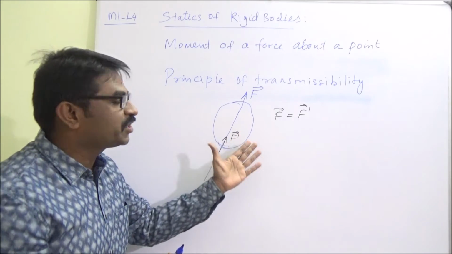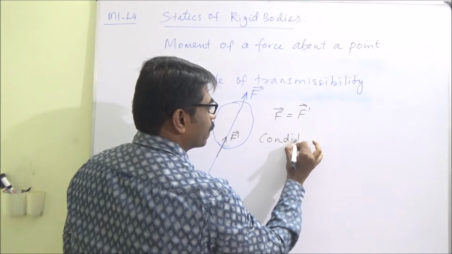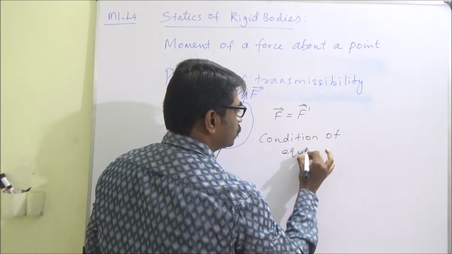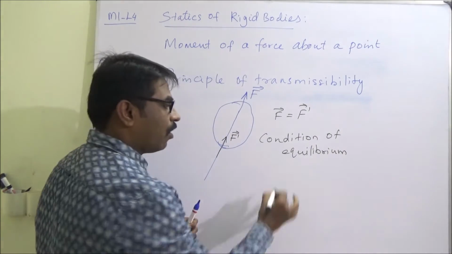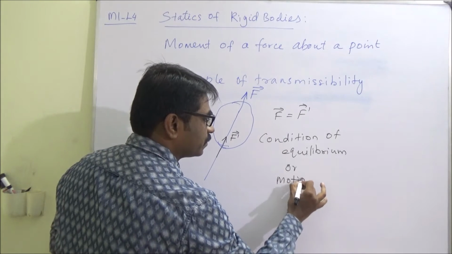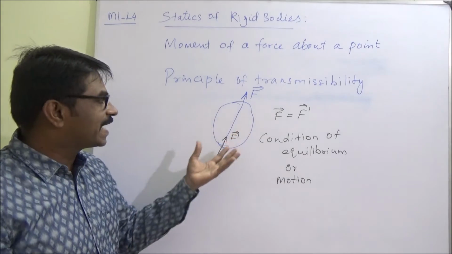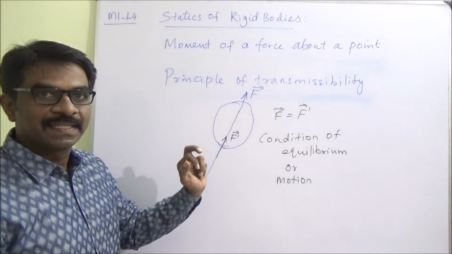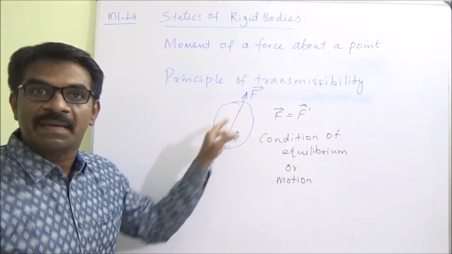Then the condition of equilibrium or the condition of motion will not change. That means the effect is unchanged as long as the force is acting in the same line of action.